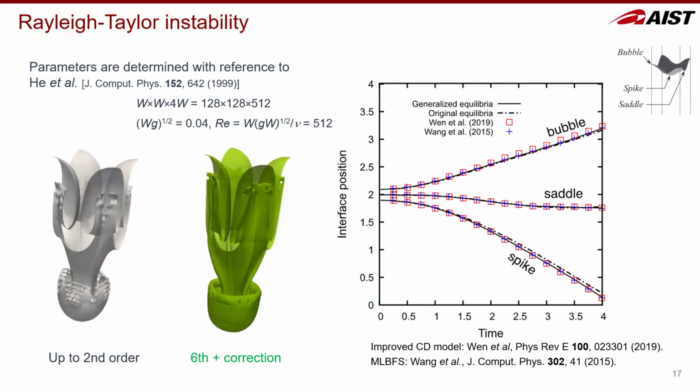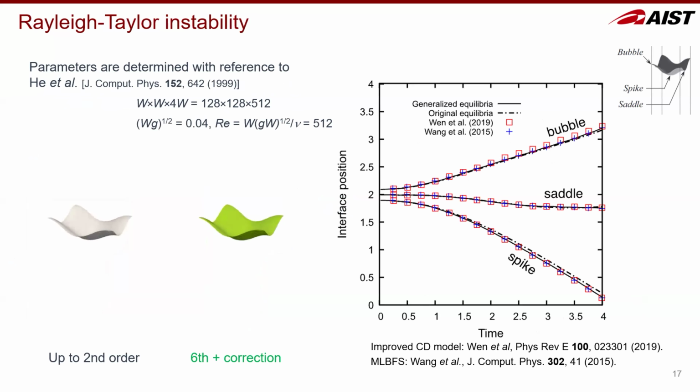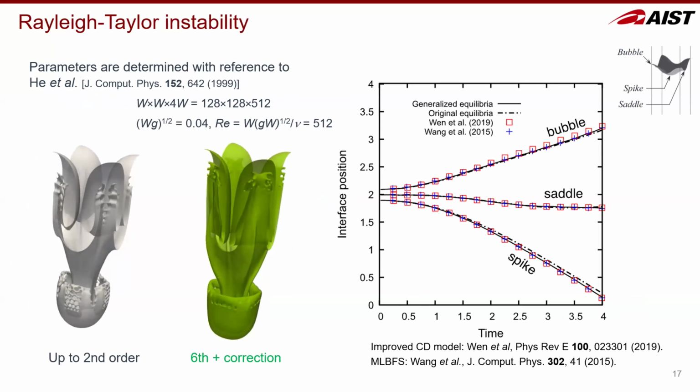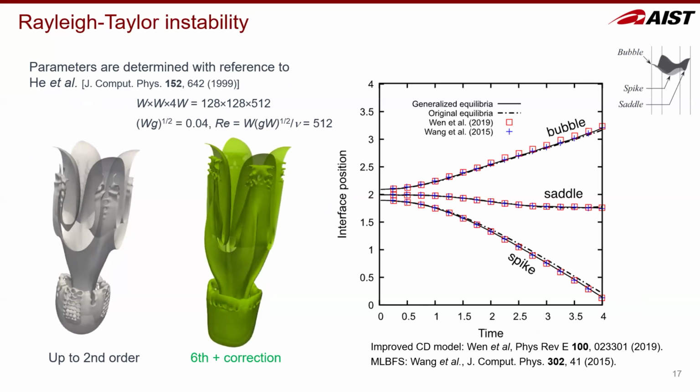In addition to the 2D problem, here you can see the 3-dimensional Rayleigh-Taylor instability, which is the gravitational interfacial instability. The left one is the original, and the corrected one is shown in green.